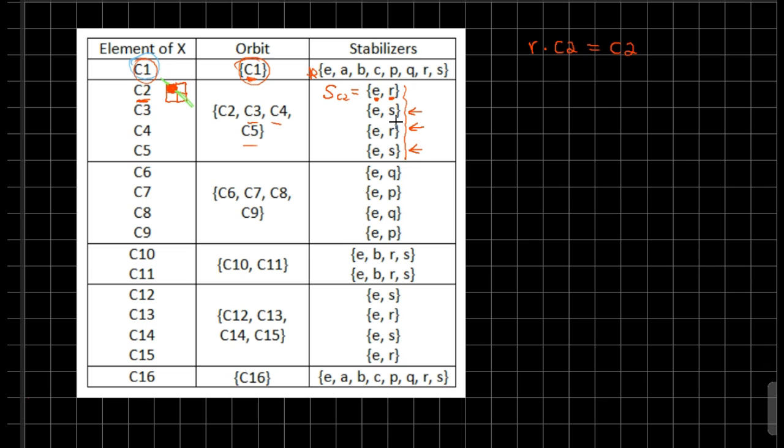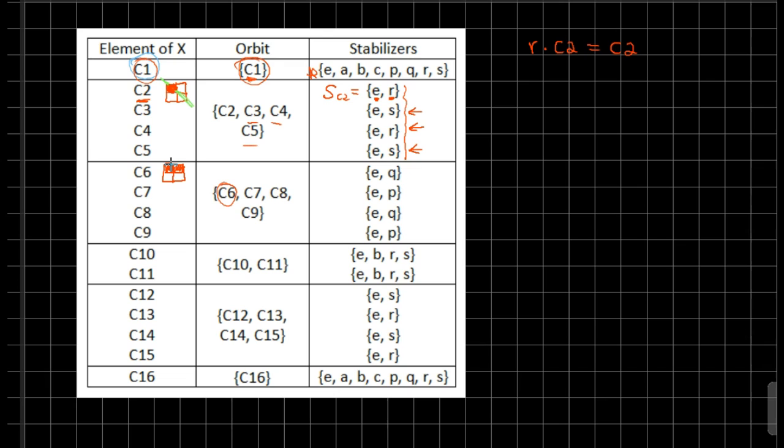Now let's have a look at another one, C6 for instance. C6, C7, C8, C9 are essentially the same coloring, where we have two boxes colored. I believe C6 was the top 2 colored here. Let's focus on C6.